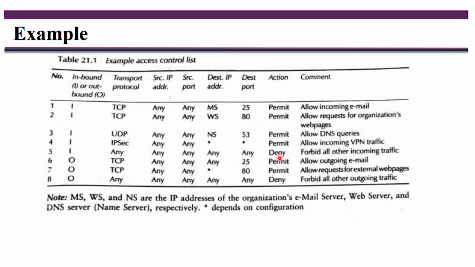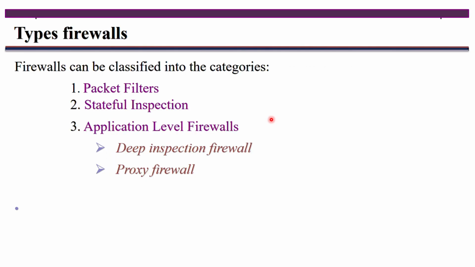Then what do you have to do now? You deny. If all this information is clear, then only you permit, otherwise you deny. Like this, the set of rules available is what you call an access control list, and based on that access control list, the firewall will allow access to the internet-protected systems.